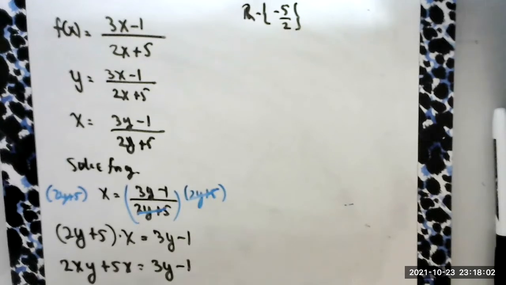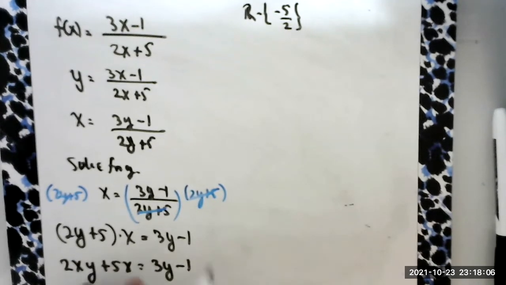Third step, we need to rearrange so that all the terms that contain y are on one side of the equation, and the rest on the other side. If you notice, folks, if I were to move everything to the left-hand side, 3y becomes negative, the 1 is negative, and the 5 will be negative as well.